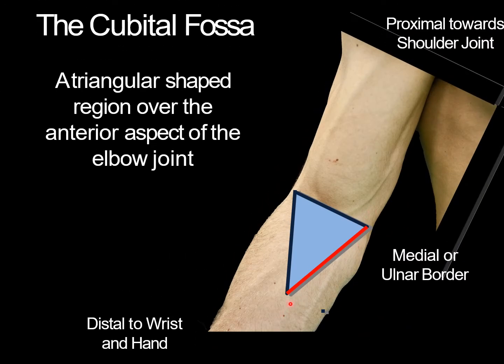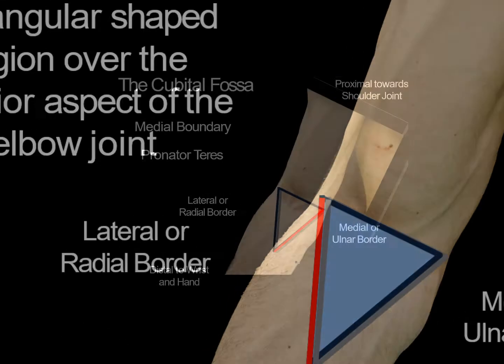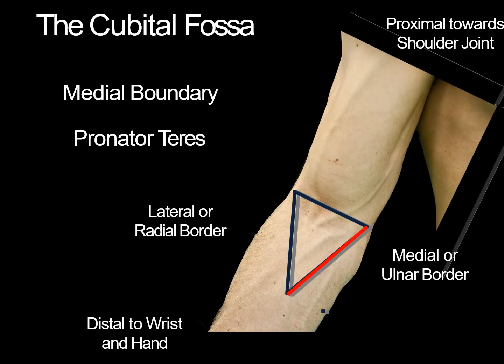So this is the medial border or ulnar border which is formed by the pronator teres. This is the lateral border or the radial border which is formed by the brachioradialis. Again, this is the medial boundary which is formed by the pronator teres muscle.